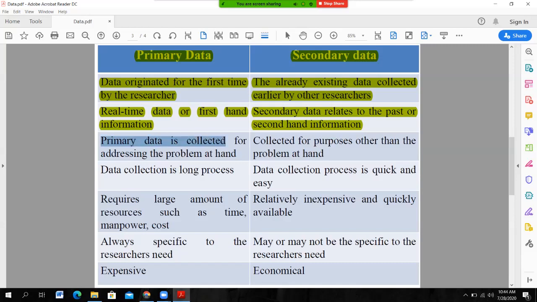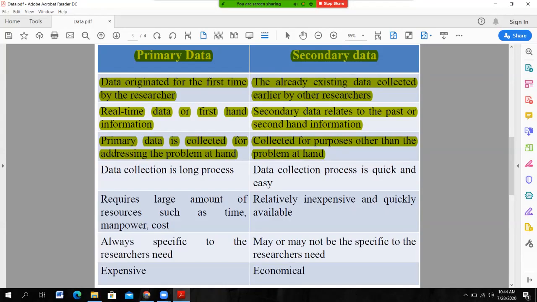Primary data is collected for addressing the problem at hand. This type of data is collected by identifying a research problem, while secondary data is collected for a purpose other than the problem at hand. So these are the existing, already available information which can be used for any task.